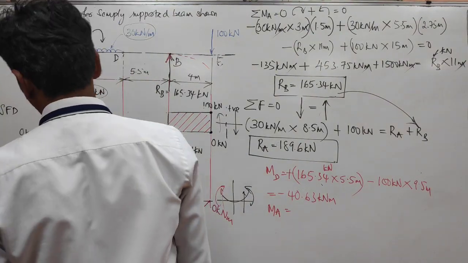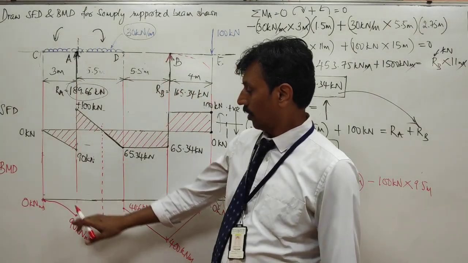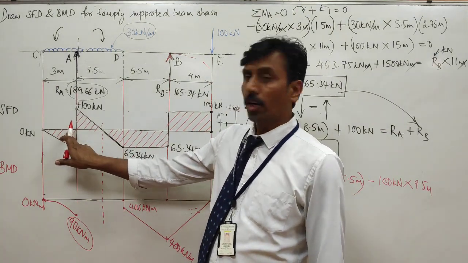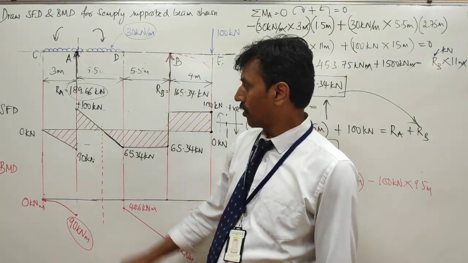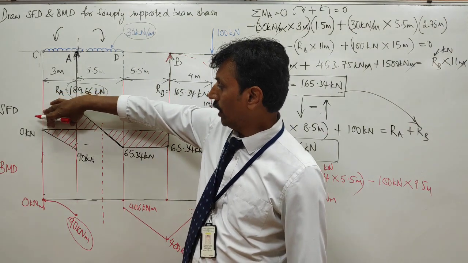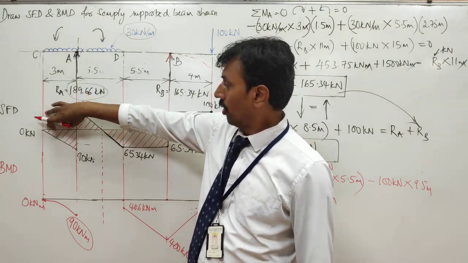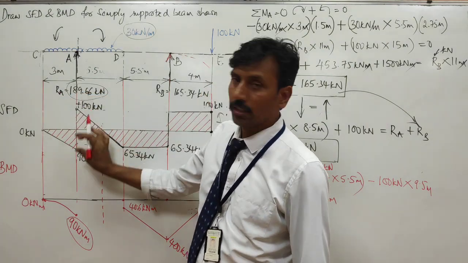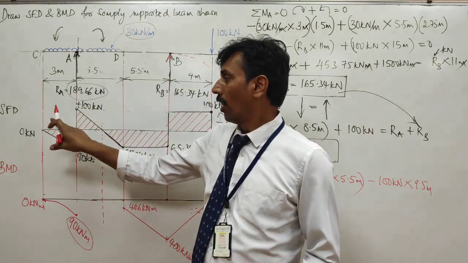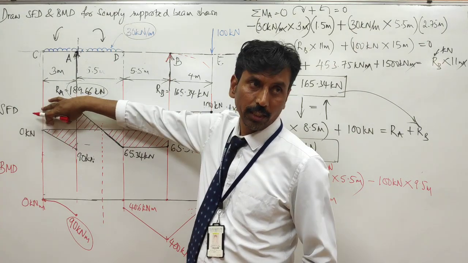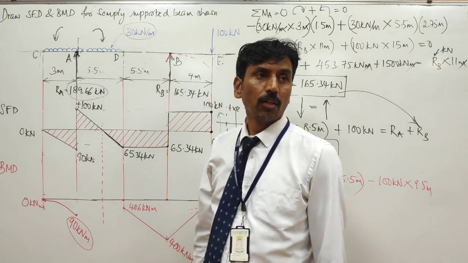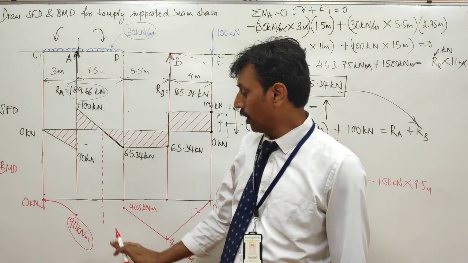Guys, basically, whatever the answer that you are getting is the area of this, which is actually half into base into height. So that is half into 3, that is 1.5. 1.5 into 90, that is actually 135, which means we have gone wrong here.